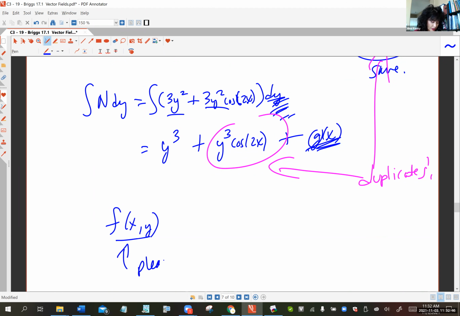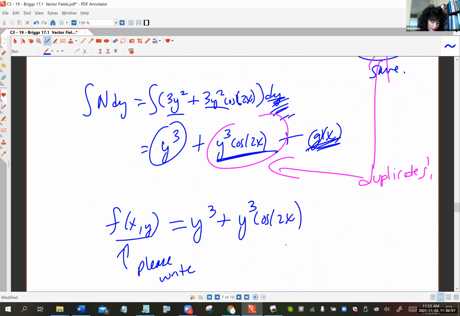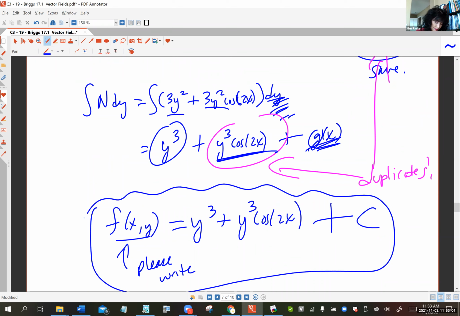Please write this. Otherwise, I won't give you full credit. You got to label who the function is. You got a y cubed plus one instance of the y cubed cos 2x. And now you can put plus c. And there is your potential function. Okay?